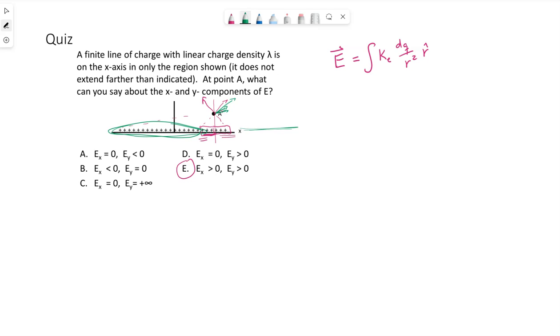Now, similar to the previous examples where we had to figure out how to write dq and r in terms of the same variables, that portion is going to still be similar to what we did before, but a big difference is going to be this r hat vector, this unit vector.